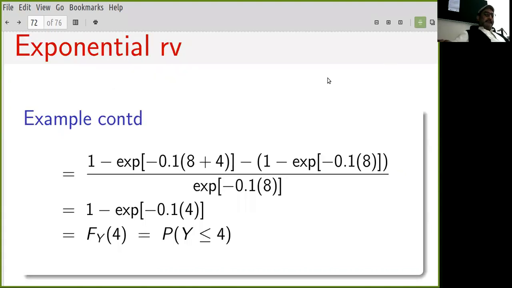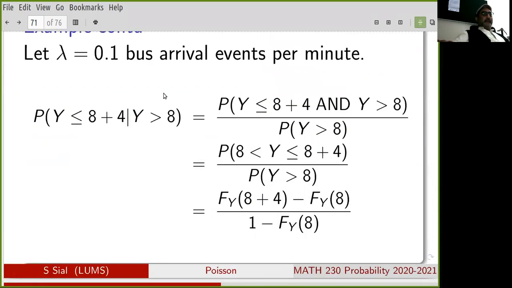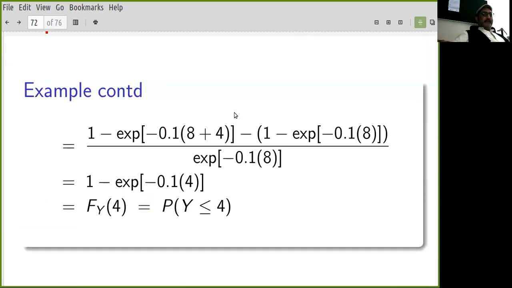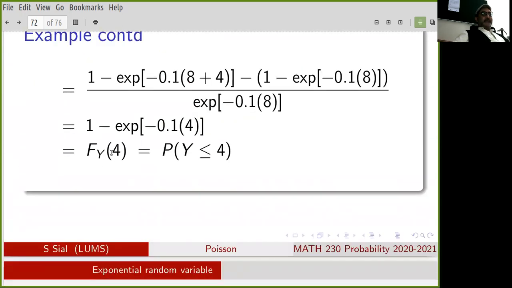Okay, so this is the important thing to note here. The probability that you will have to wait total less than 4 more minutes, given that you've waited 8 minutes, is the same as the probability that you will have to wait less than 4 minutes.